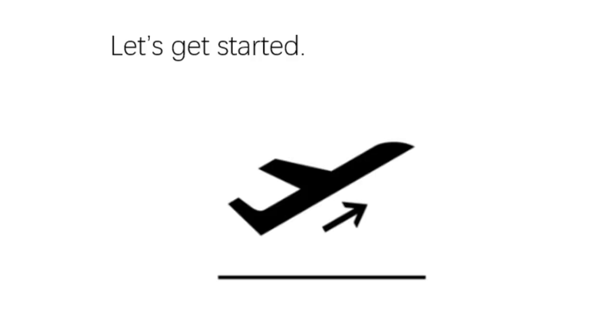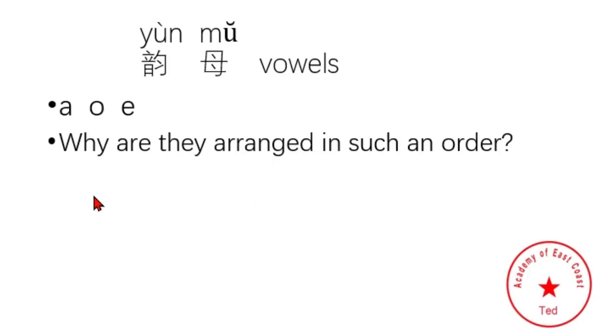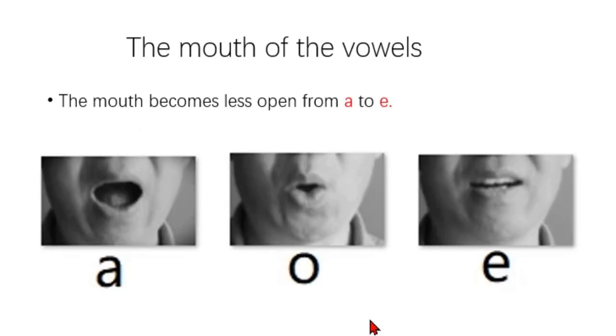Now let's tick off. Now we are going to learn the first three vowels, 韵母 a, o, e. Why are a, o, e arranged in this order?